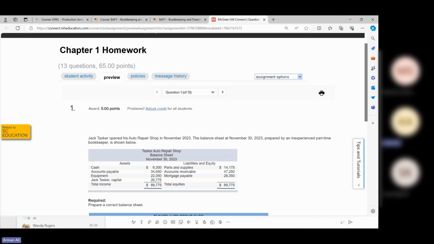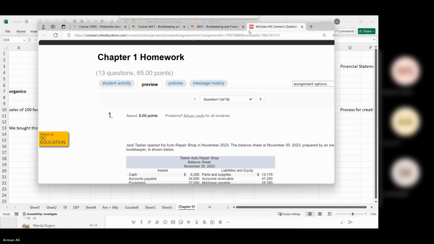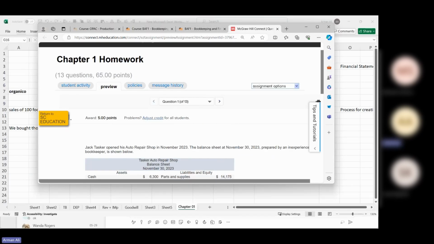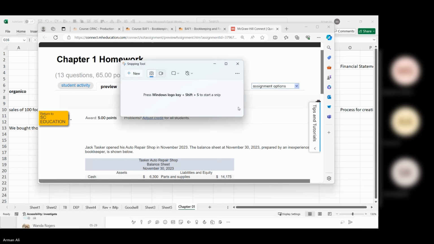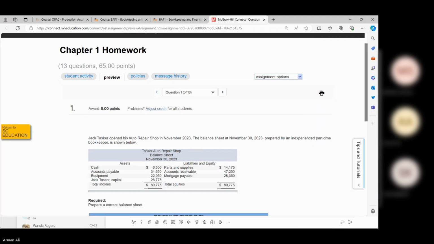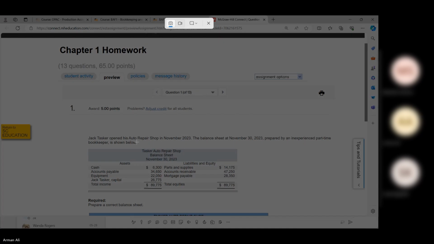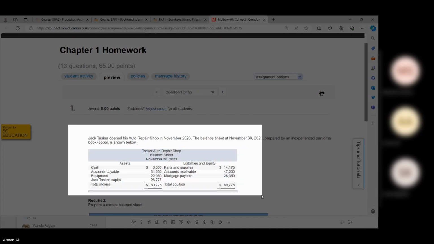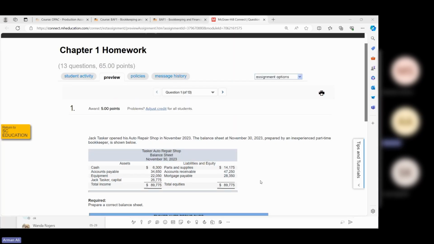So I'm going to take a snapshot. How do I do that? Okay. This is all I need.